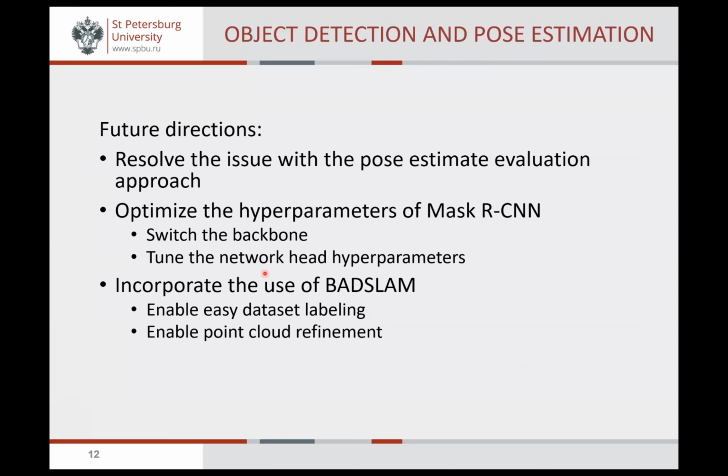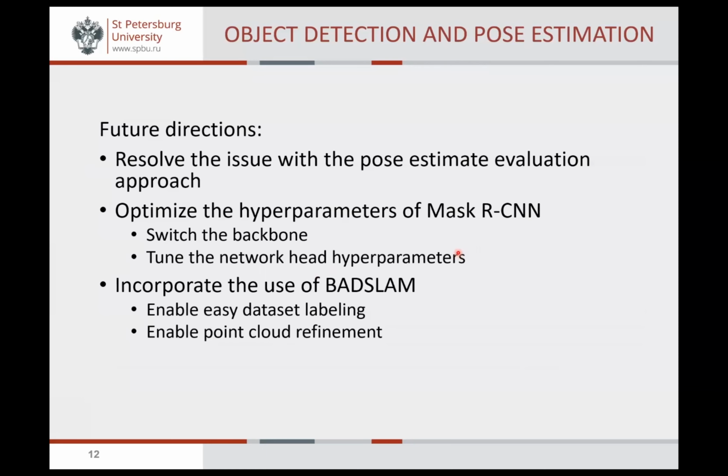This involves, for example, switching the backbone network, because originally Mask R-CNN was based on a very large network, ResNet 101, with 101 layers. Switching it to MobileNet should make the Mask R-CNN network faster, but probably less accurate. Also, this involves tuning the network hyperparameters.